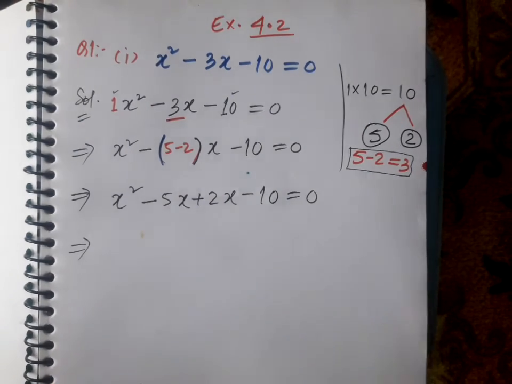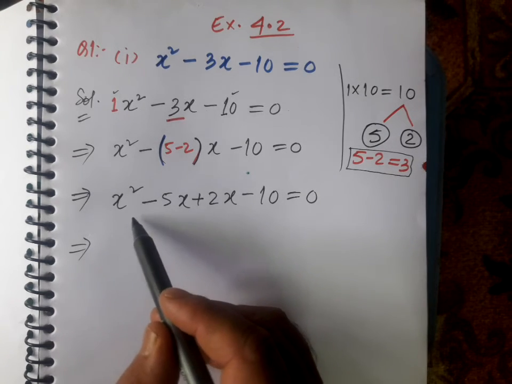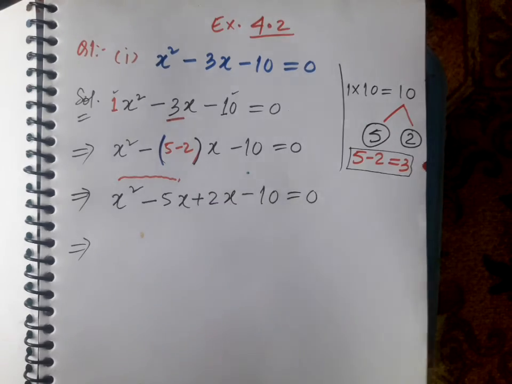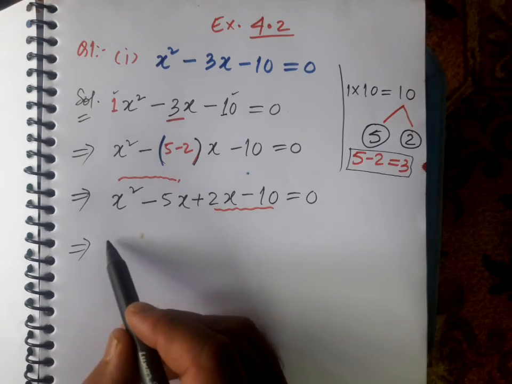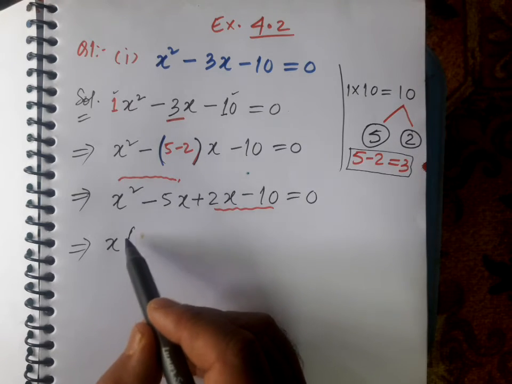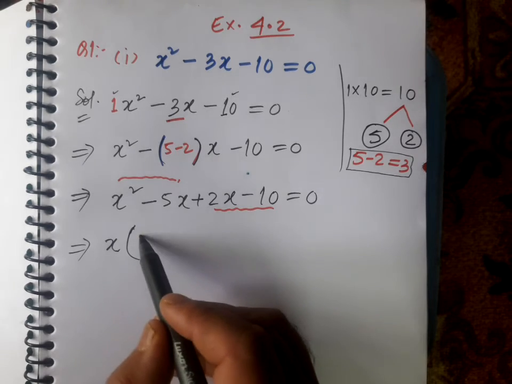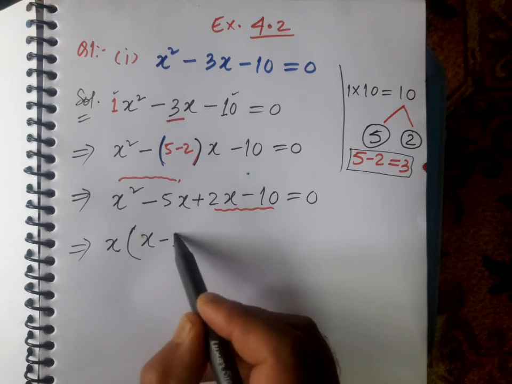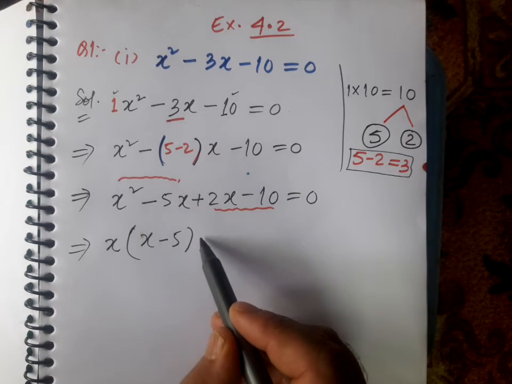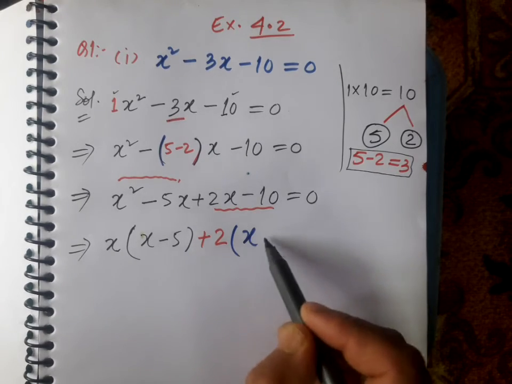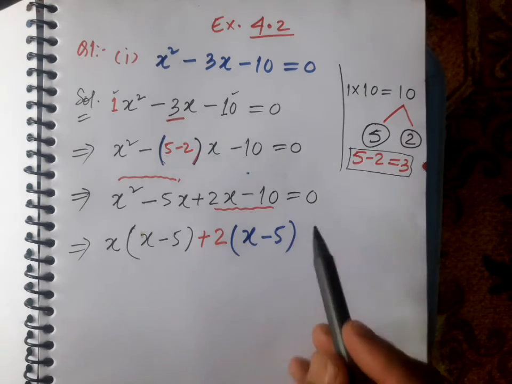Now in the first two terms we can put x common. So x can be taken out, and we are left with x minus 5, plus 2 into, we are left with x minus 5 over here again, equal to 0.